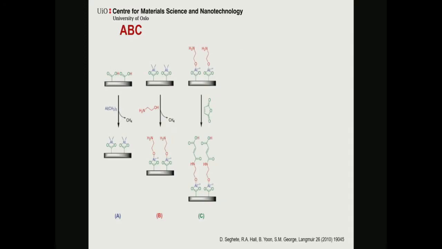You could go another approach. You could, for instance, say, okay, now I want to combine what we learned for the polymer growth itself with the MLE growth and go for an ABC type of version. Here, if you start off with a carboxylic acid, you go on with the trimethyl aluminium, and then with this heterofunctionality here, you hope and believe that the OH group will be more prone to reacting with aluminium than the amine.